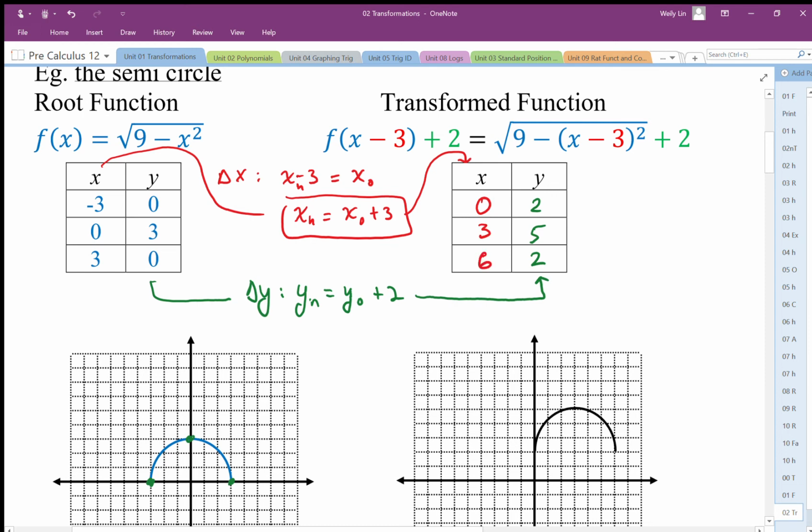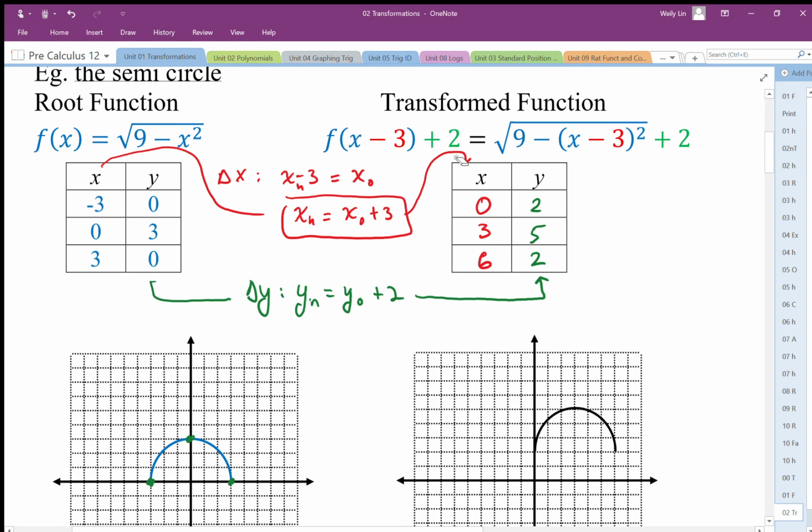So basically this minus 3 is moving it to the right 3. Okay, so that's the first layer of understanding. Why is it going backwards? It's going backwards because really what's happening is I need to take this x, subtract 3 to be able to use it in this table. So it's actually going backwards in my function.